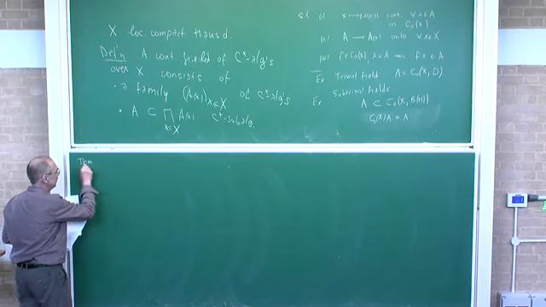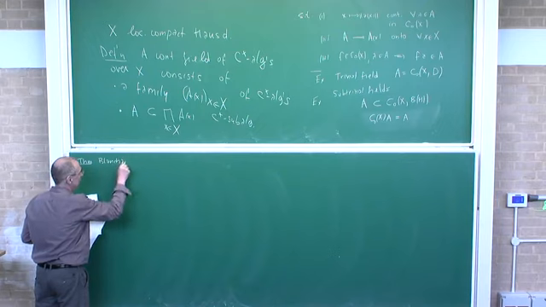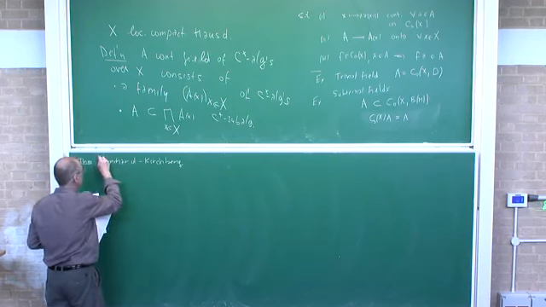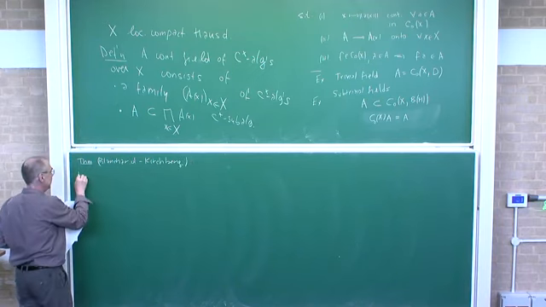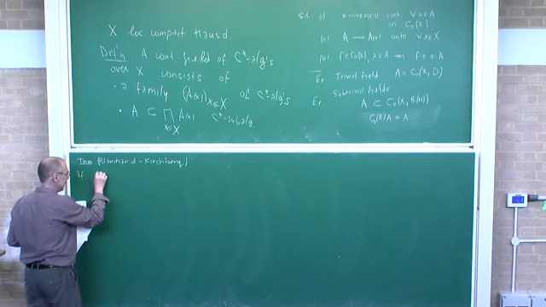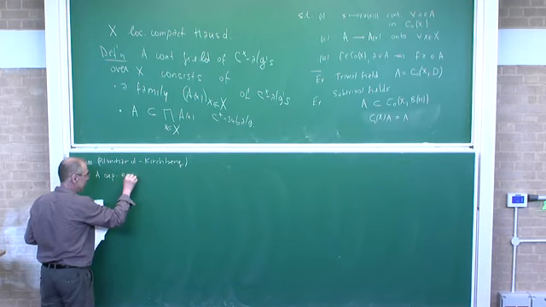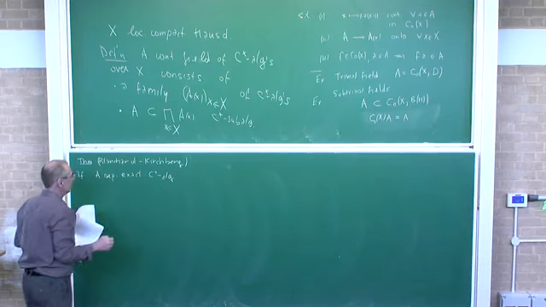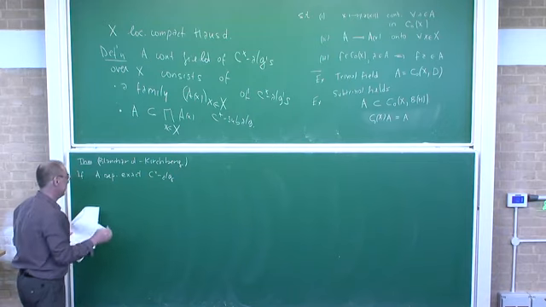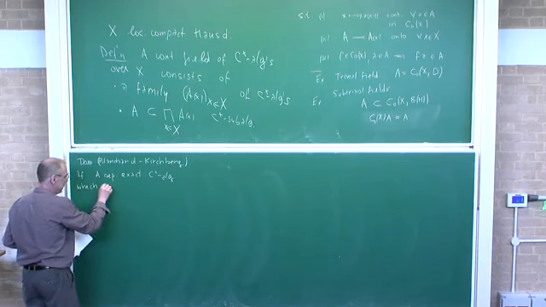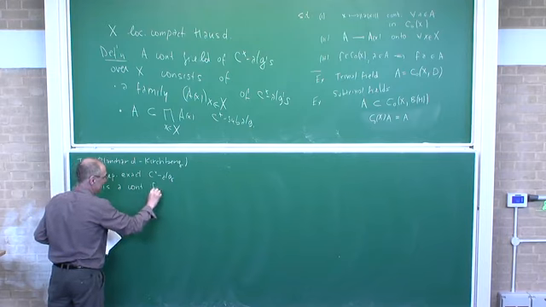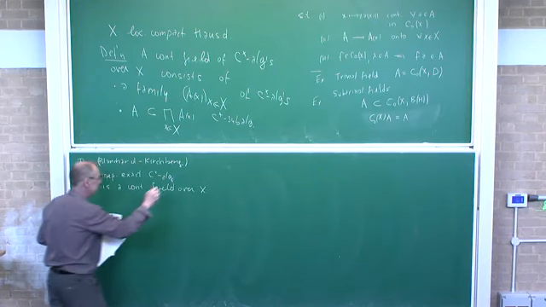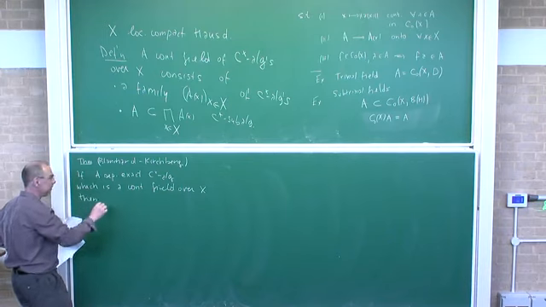So let me mention a theorem of Etienne Blanchard and Kirchberg, which says that if A is a separable exact C-star algebra which is a continuous field over a space X as above, then it's subtrivial.